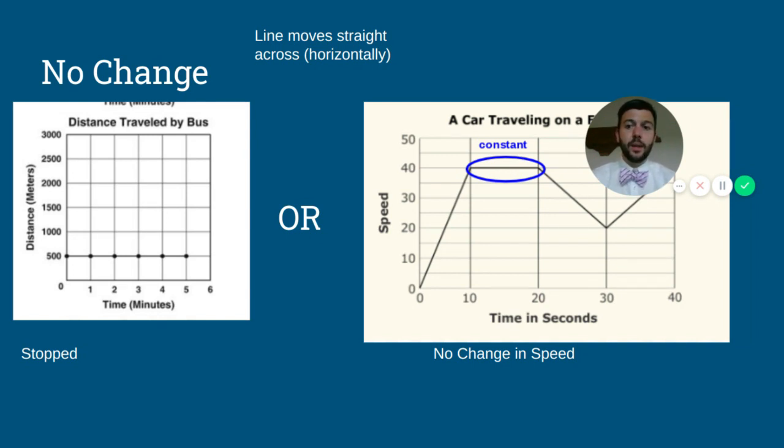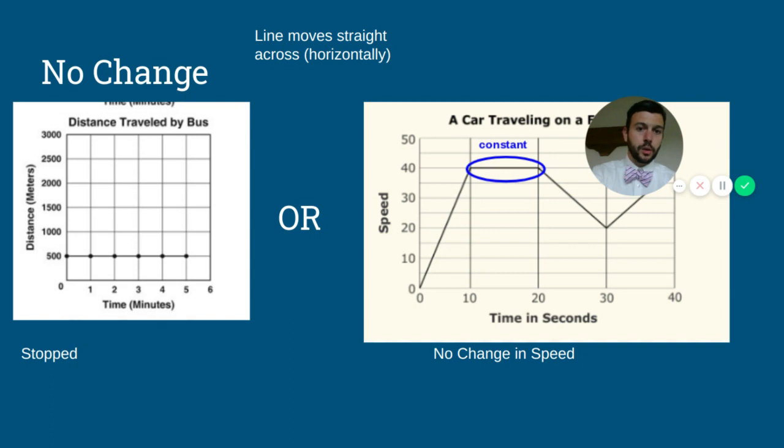And that's going to depend. If you look on the y-axis of these two, the one where I have stopped underneath, your y-axis is distance. That means the distance has not changed. They haven't gone any farther. Well, if an object's distance hasn't changed, that means that object is not moving.